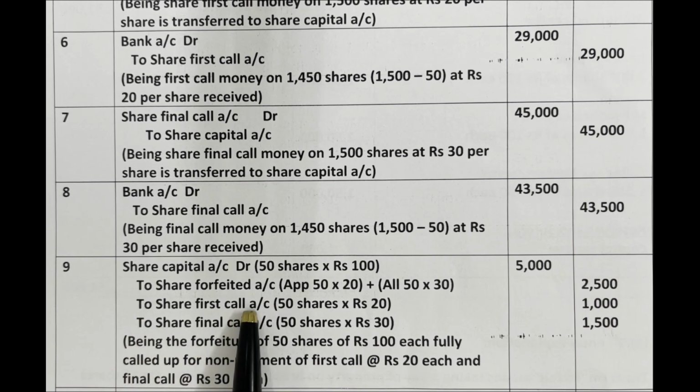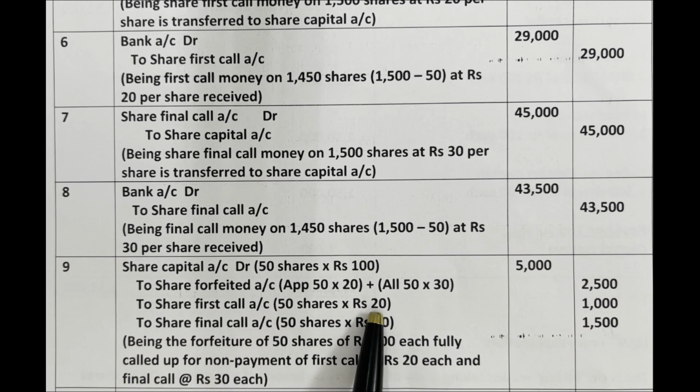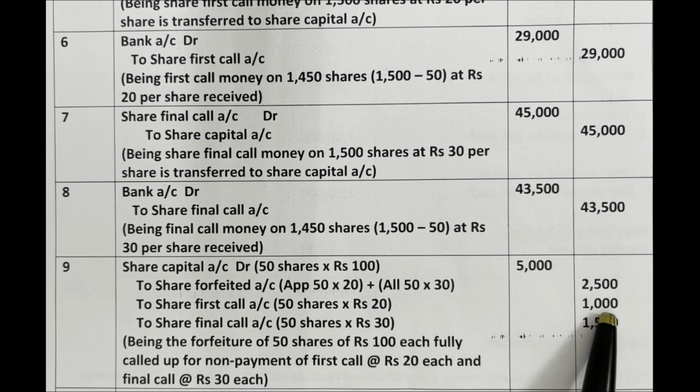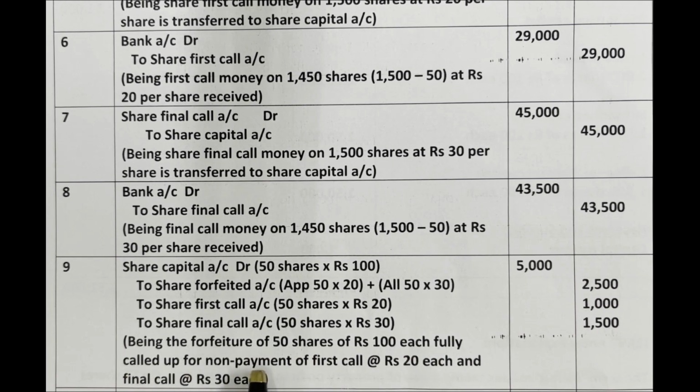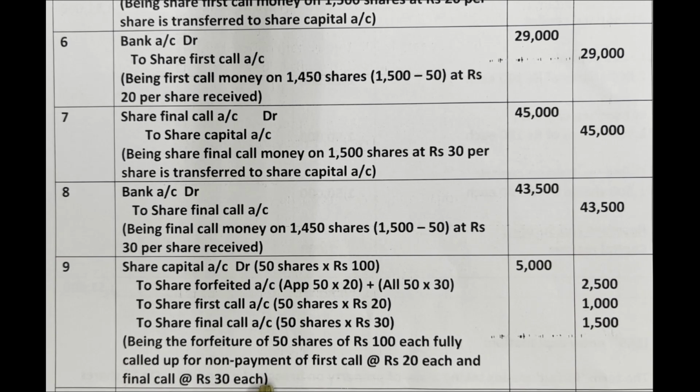To share first call account, on 50 shares at the rate of 20 rupees each, first call money not came. That amount 1,000 we have to credit. To share final call account, on 50 shares at the rate of 30 rupees each, 1,500 not came. That amount we should show for this. Narration: being the forfeiture of 50 shares of 100 rupees each fully called up for non-payment of first call at the rate of 20 rupees each and final call at the rate of 30 rupees each.